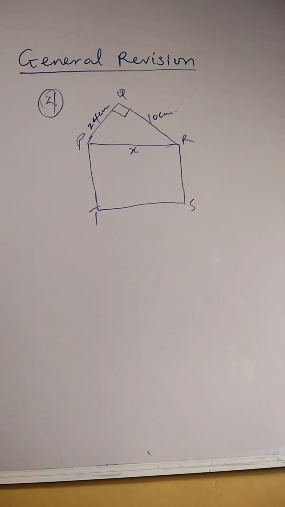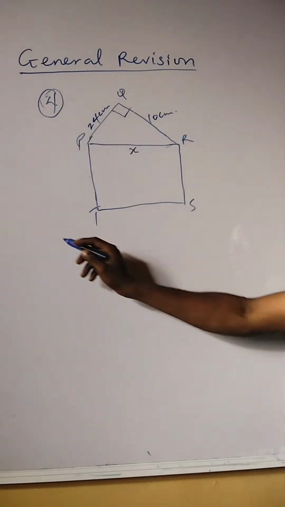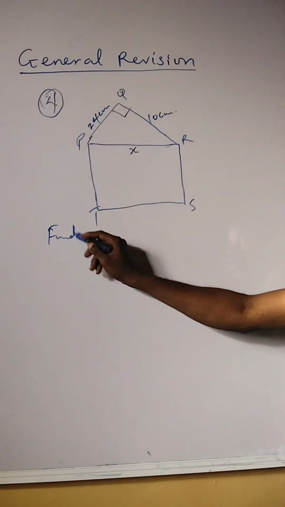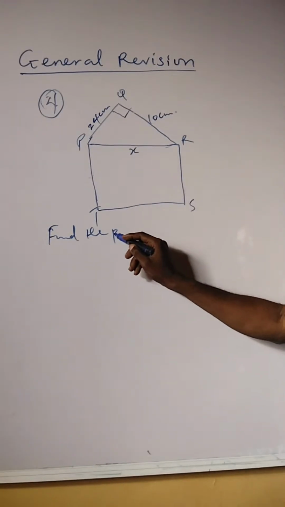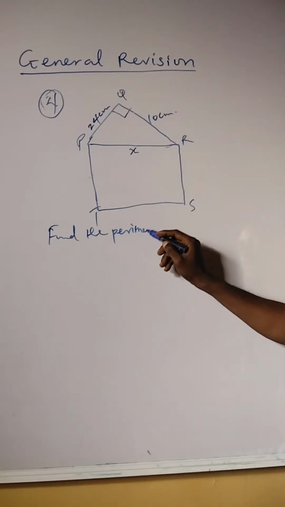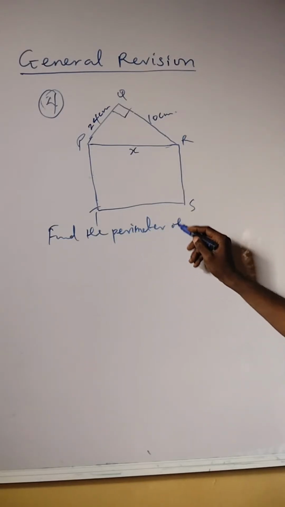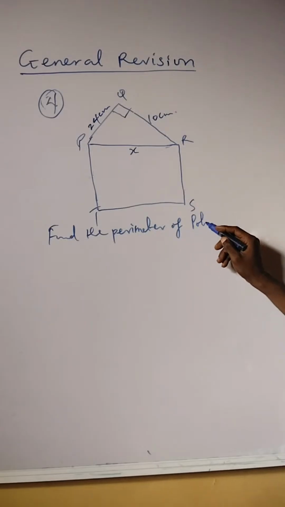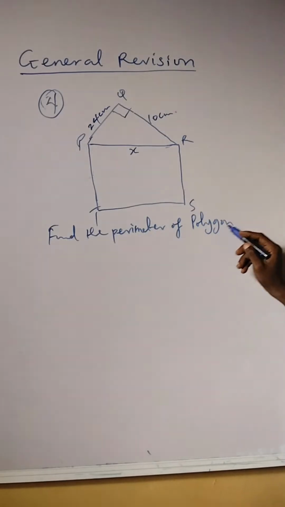And what is the question saying actually? The question is saying that we should find the perimeter of the polygon PQRST.